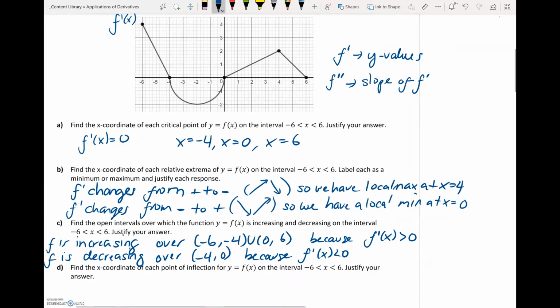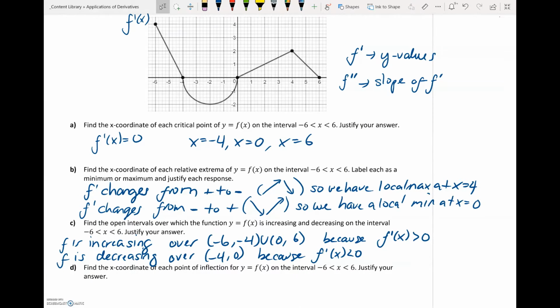Looking at the next question, we want to find points of inflection. Your points of inflection are going to occur when you change the slope of f prime. So if we look at x equals -2, we went from a negative slope to a positive slope. This is where your inflection point is going to be. Another place when that happens is at x equals 4.